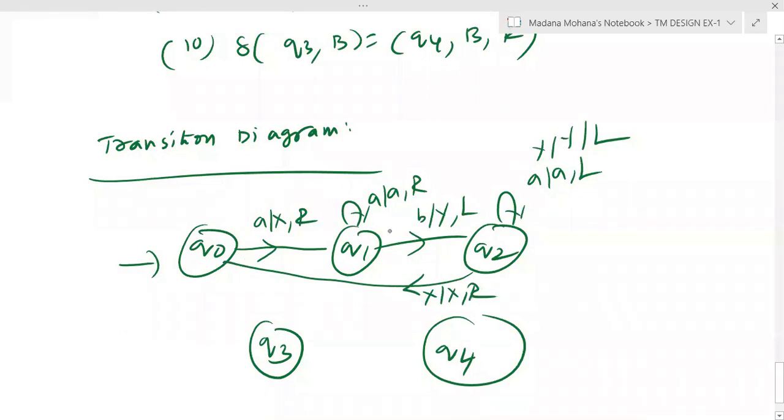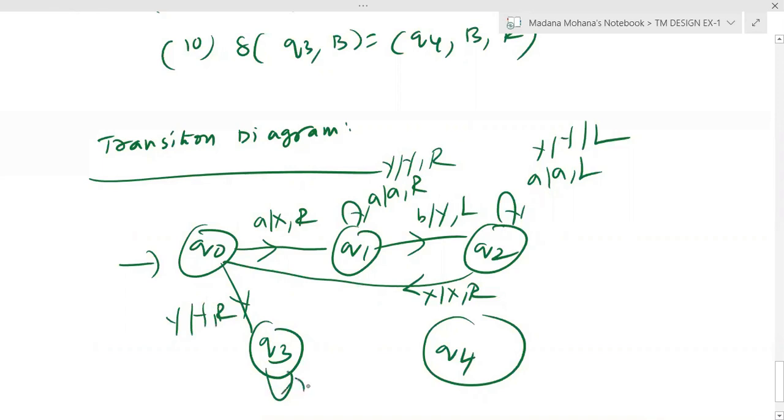Then whenever it is coming back, a new transition you can add. At Q2, Y by Y moves left, A by A left. Then further you will get Y also at Q1, Y by Y moves right. Finally Q0 on Y, Y by Y moves right.